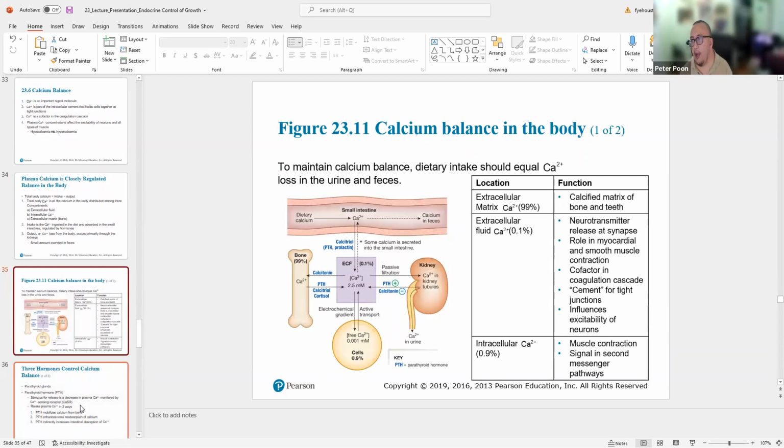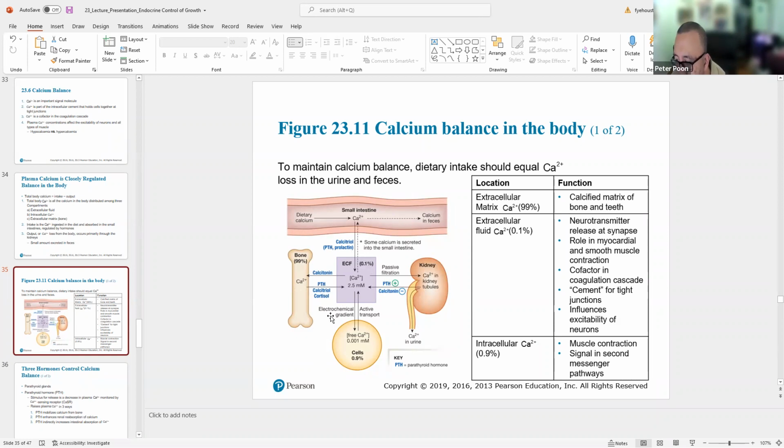So this is calcium balance, and this is calcium function. To maintain calcium balance, you can absorb it from the small intestine, you can get it from your bones, or you can reabsorb it from your kidneys.